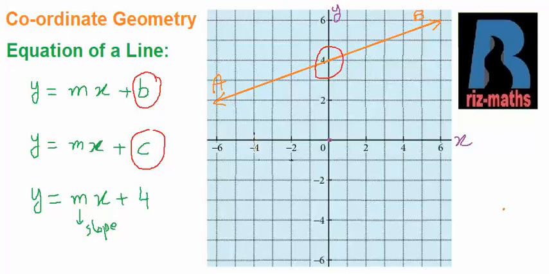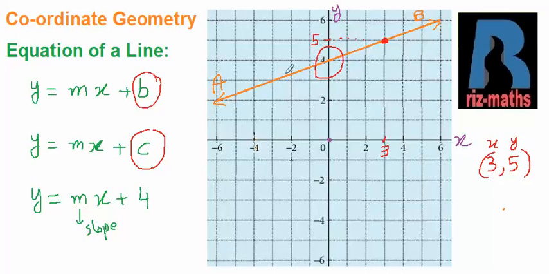Like this point, which has the x coordinate 3 and the y coordinate 5. So we can mark this point as (3, 5). Remember, first we write the x and then we write the y.